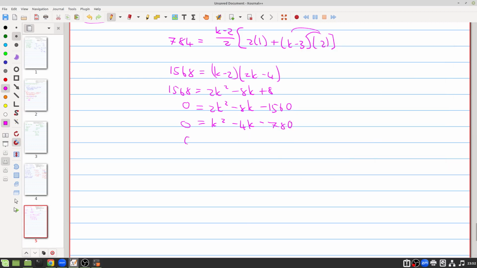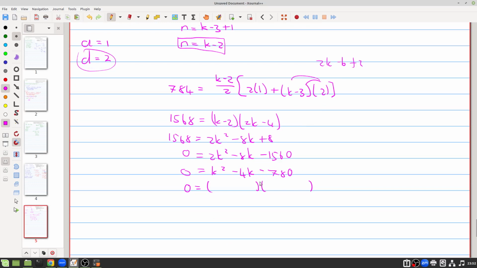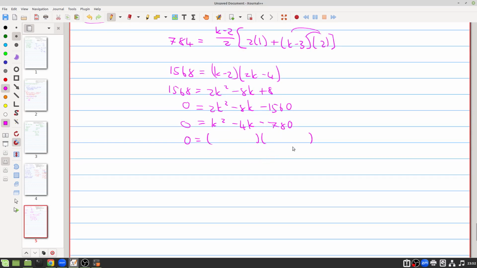Okay, so we can factorize this. You can also put it in the quadratic formula. That's usually what happens when we get these types of questions. The numbers are so big, it's quite difficult to factorize quickly, so often we just put that in the quadratic formula to solve. I would have also done that if it didn't work out quickly with a guess. So we have minus 30 and plus 26.